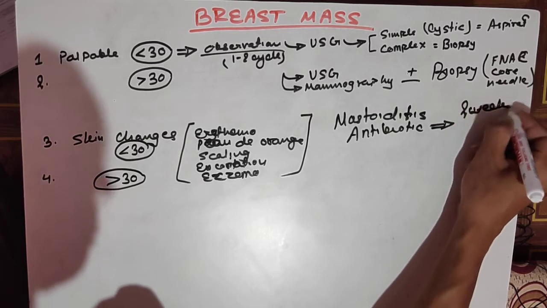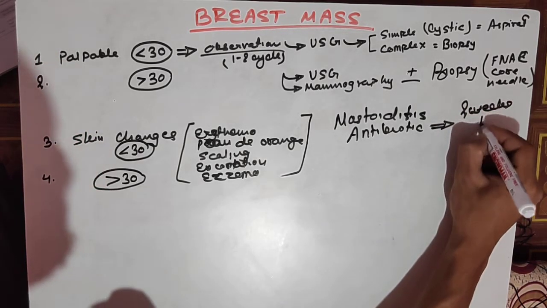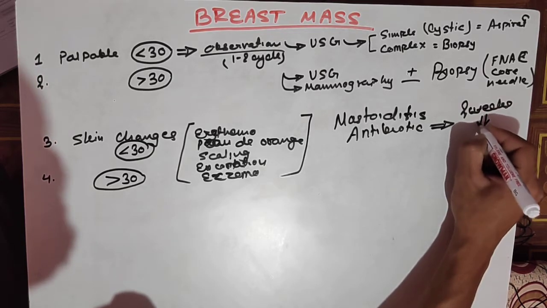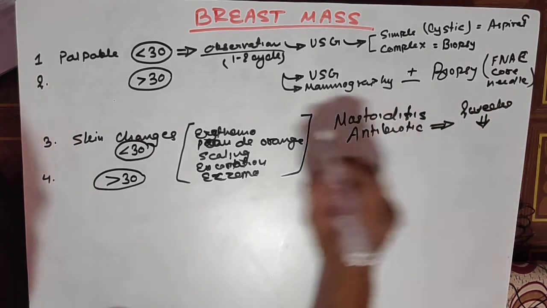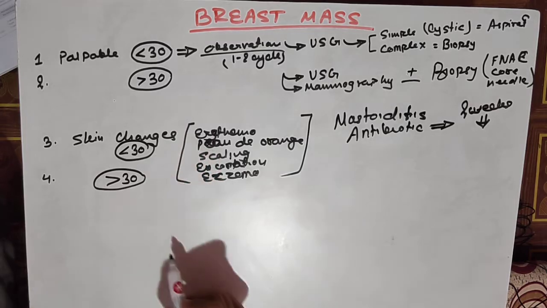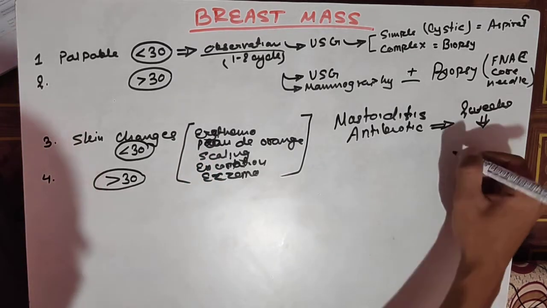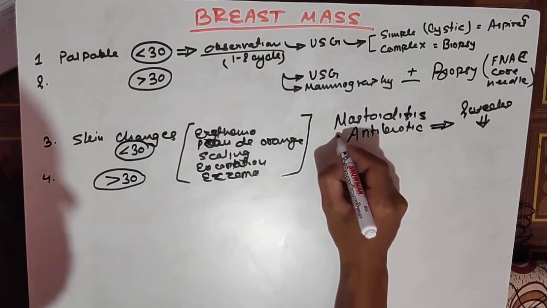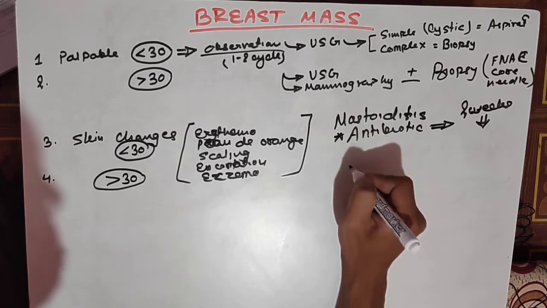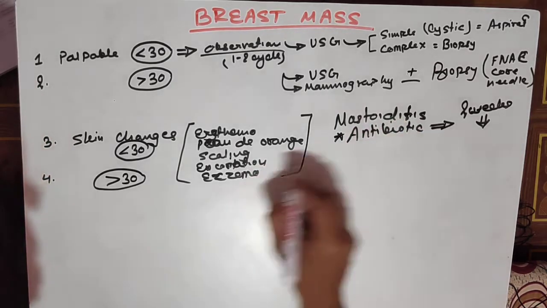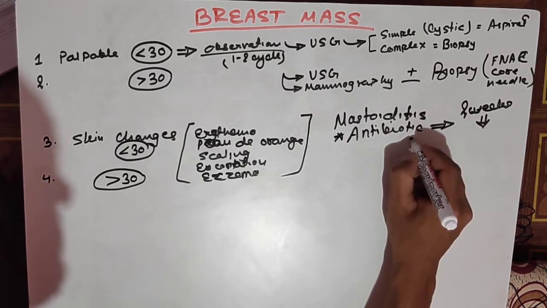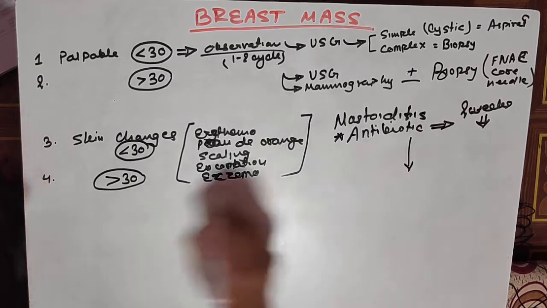After 2 weeks of antibiotics, again observe whether she is improving with your antibiotic or not. If she is not improving, then you should go for the protocol for more than 30 years.